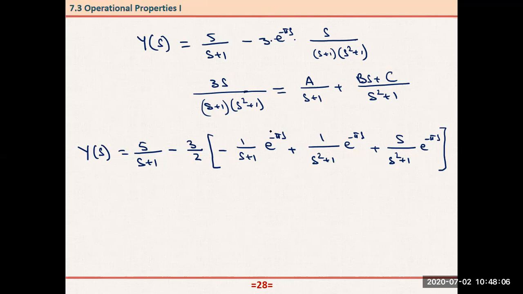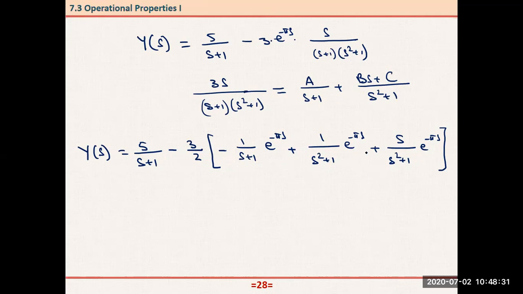And this thing, you know how to do. After that, here we have 5 over s plus 1, and we know how to find its inverse. Also, we know how to find the inverse, because here we have e to the power minus pi s, which just gives us that unit function. And s squared plus 1, if you remember, gives the sine function, and this one gives the cosine function.